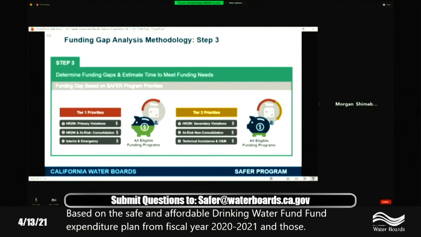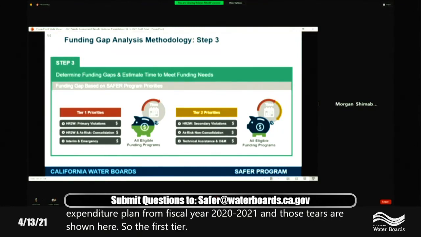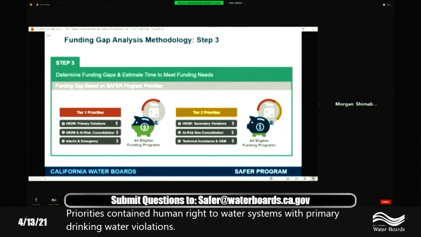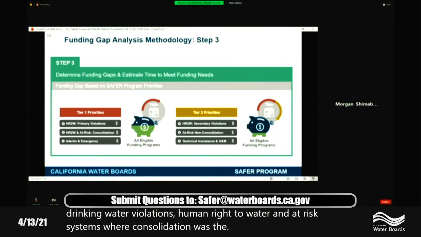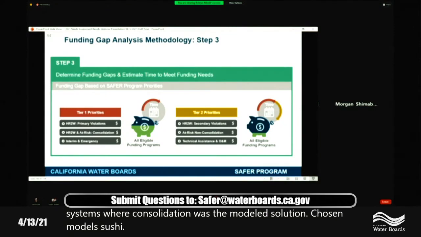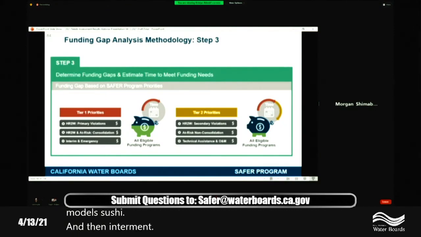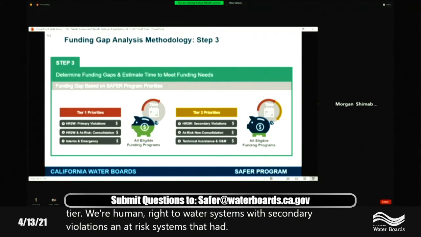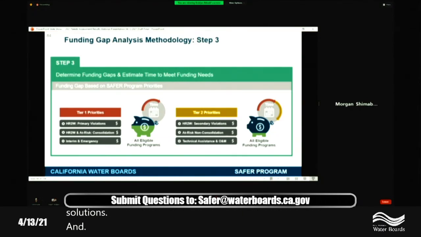So the first tier priorities contained human right to water systems with primary drinking water violations, human right to water and at-risk systems where consolidation was the chosen modeled solution, and then interim and emergency solutions. And then the second tier were human right to water systems with secondary violations and at-risk systems that had non-consolidation type solutions, and then technical assistance and O&M.